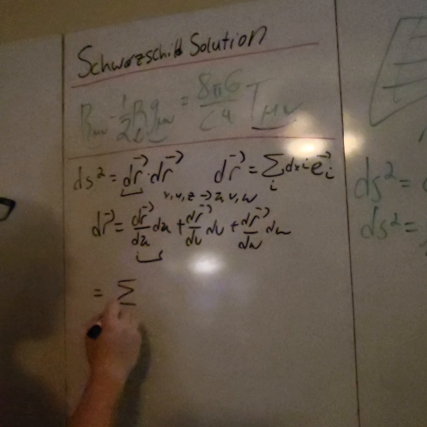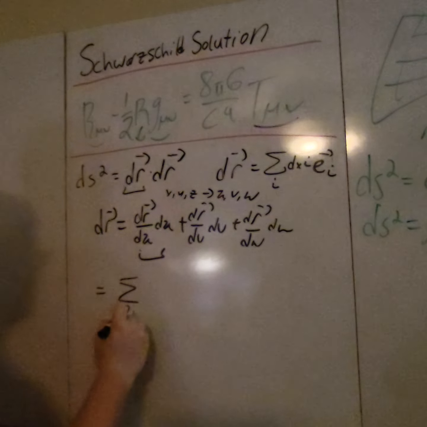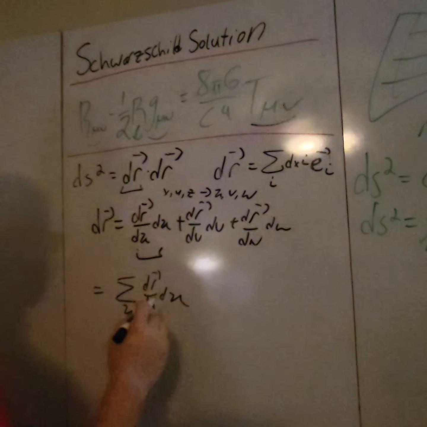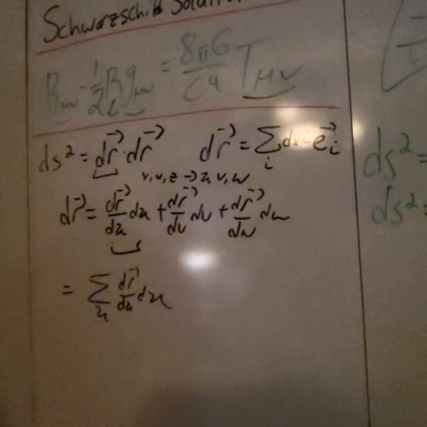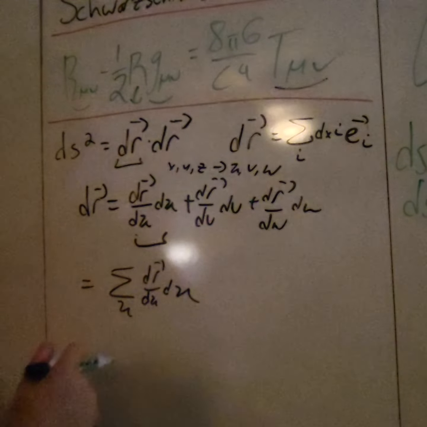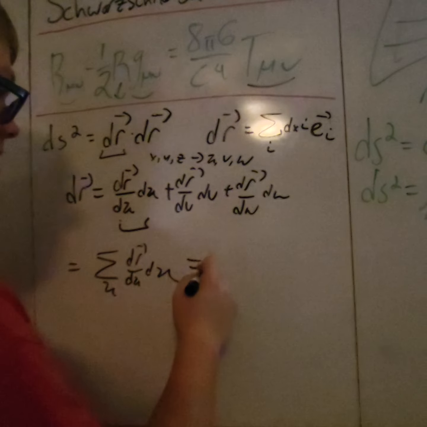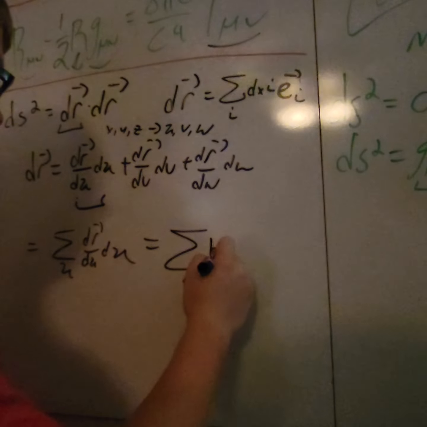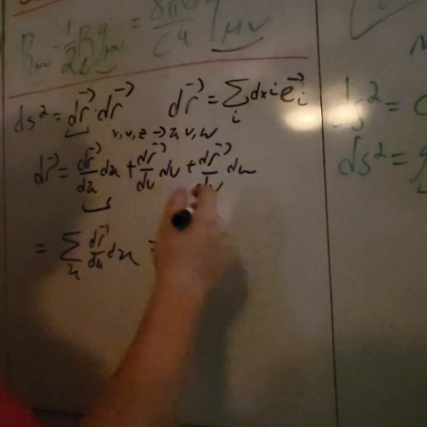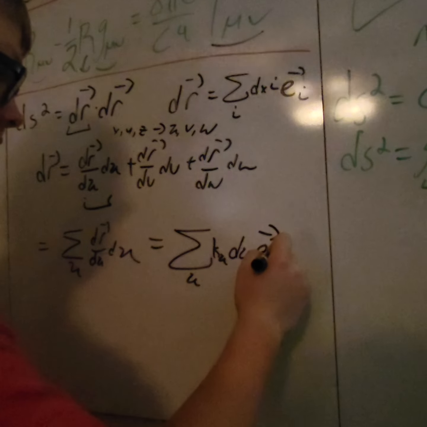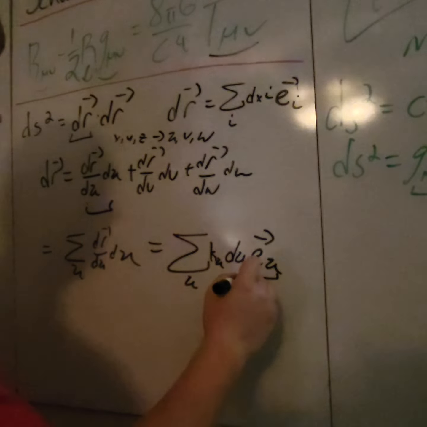Equals the sum over the u coordinates. Can you see that well? We're going to consider this to be written in terms of an orthonormal basis, k sub u, which is the constant term here, times du, times our new basis vectors.